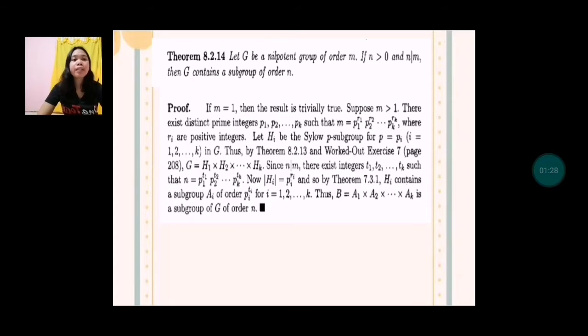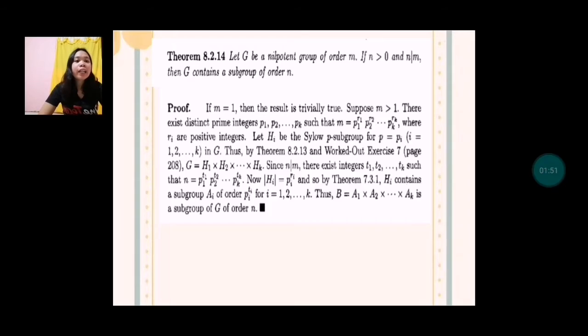Since n divides m, there exist integers t sub 1, t sub 2, and so on to t sub k, such that n equals p sub 1 to the power of t sub 1, p sub 2 to the power of t sub 2, and so on, p sub k to the power of t sub k.